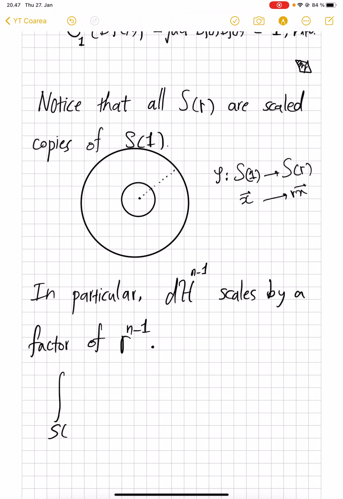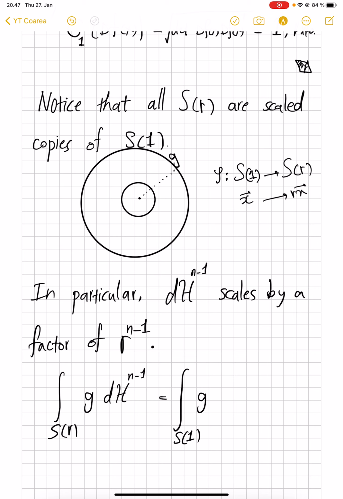To cut the long story short, to integrate the function g over a sphere of radius r, we can pull back the values of g to the sphere of radius 1. So g is given along this sphere initially, but we can pull back the values to that.